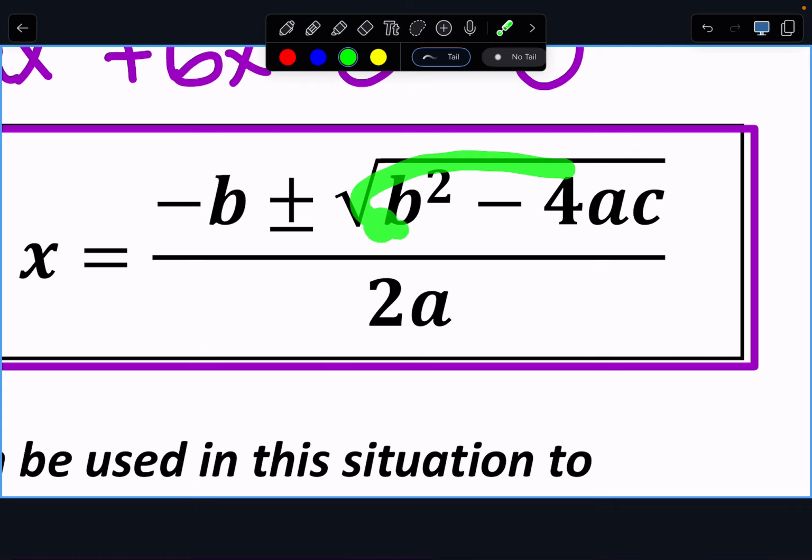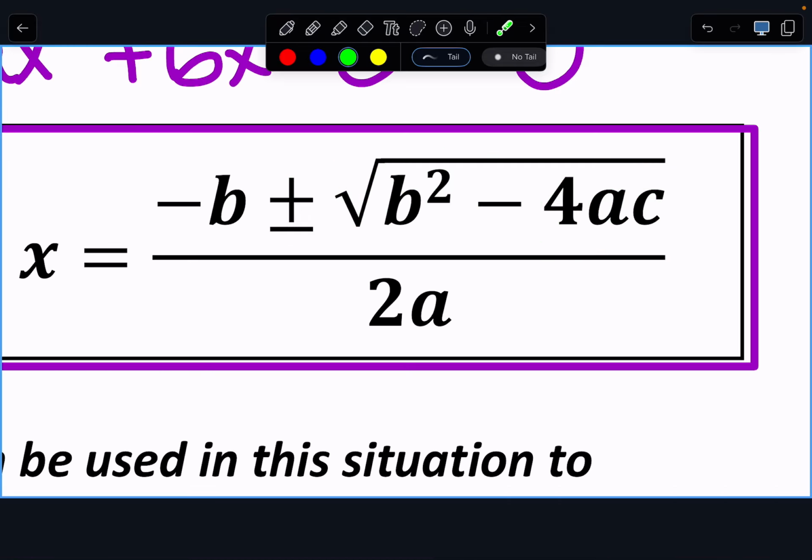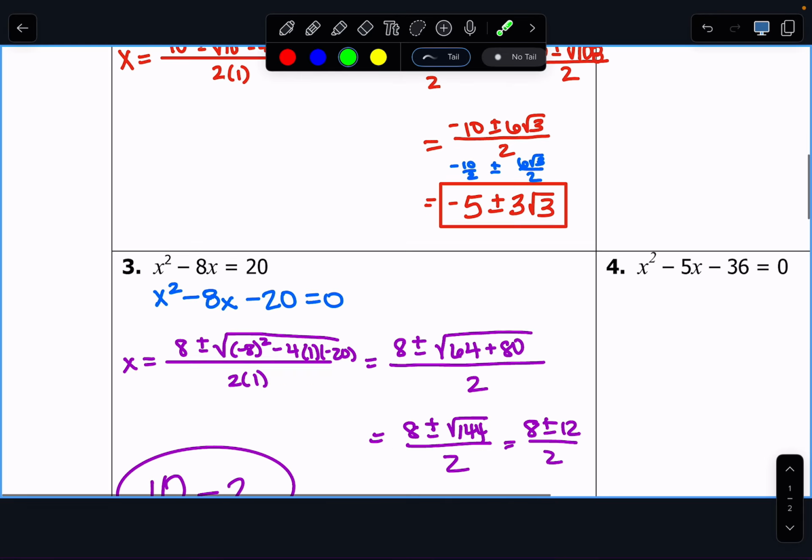If the number underneath the radical is negative, we can't have that. We have no solutions. If the number underneath the radical is 0, that gets rid of all of this, and we just have negative b over 2a. If the number underneath the radical is positive, then, like you saw here, we get 2 solutions.